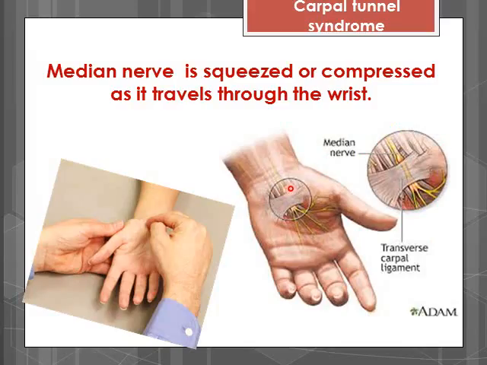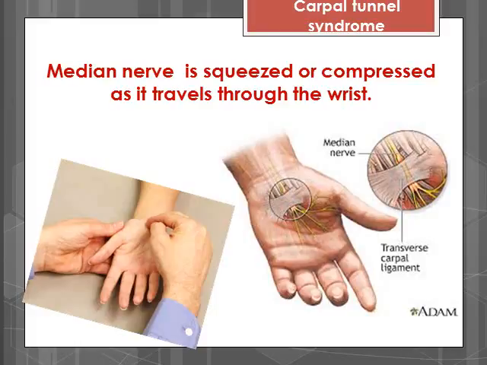We can see here the carpal tunnel, which is a narrow passageway surrounded by bones, the carpal bones, and the ligament, the transverse carpal ligament. And along this passage, tendons with their synovial sheaths and the median nerve travel to the wrist.